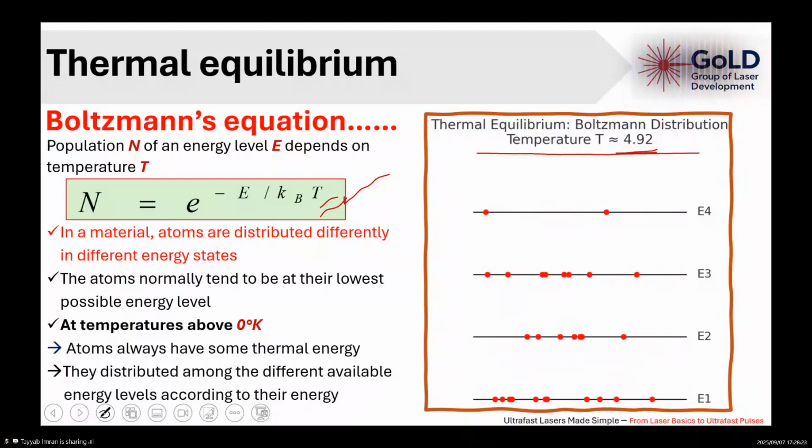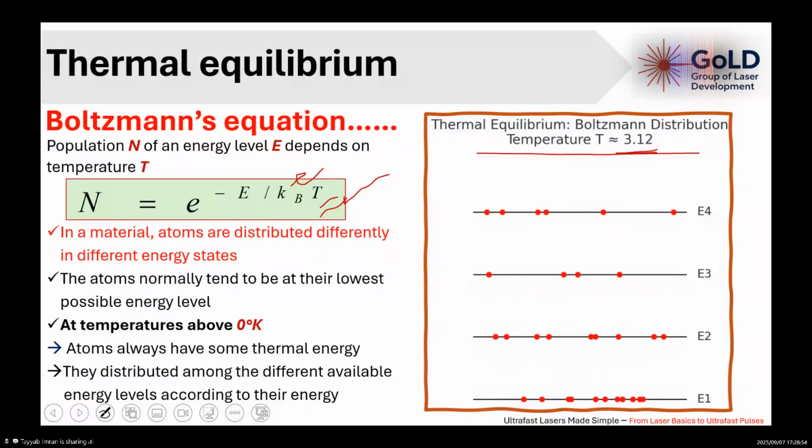So the lower the temperature, the lower level is more occupied, and if the temperature is increased, it is excited more. This animation is not 100% correct. I mean, it will give you some idea. Okay. So the temperature is in Kelvin, and this one is the Boltzmann's constant and energy.